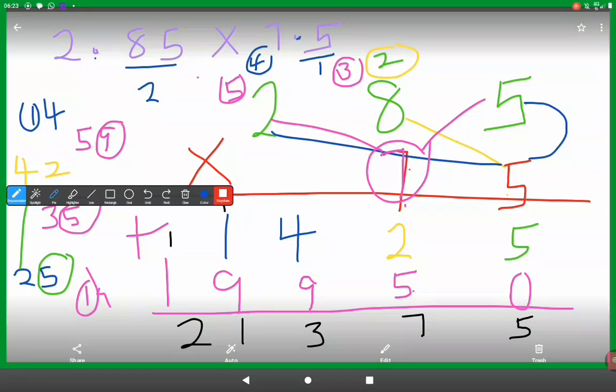So I'm going to add the 2 digits here plus the 1 digit here makes 3. So I'm going to count from the back 3 digits. 1, 2, 3. Then put my decimal point right here. The answer will now be 21.375. Alright.